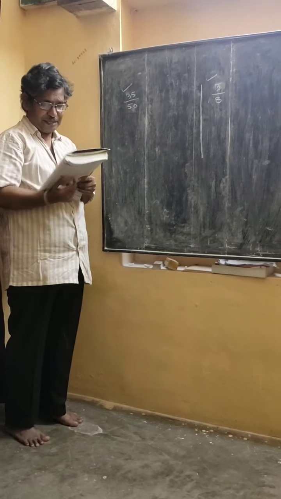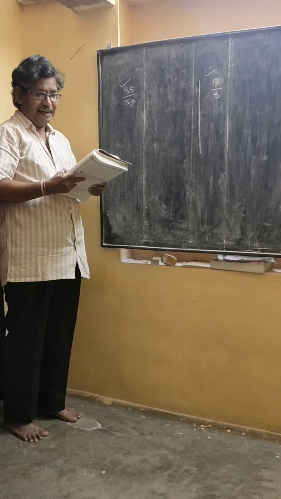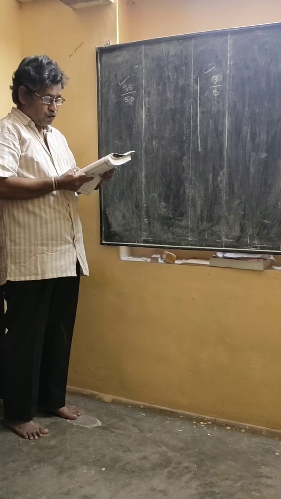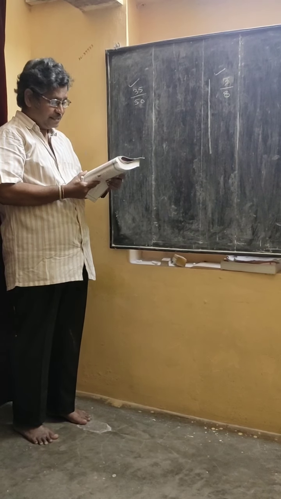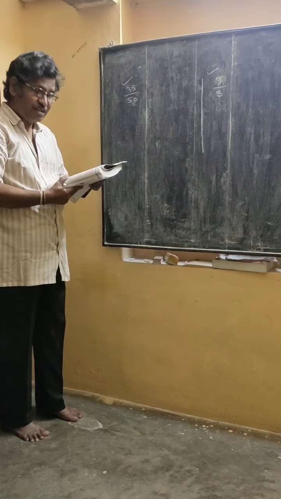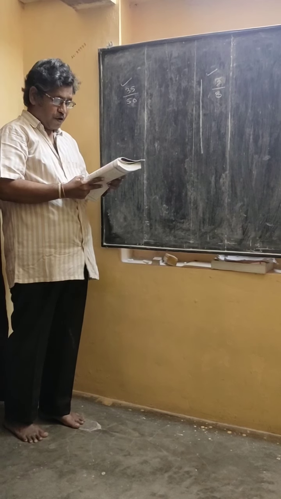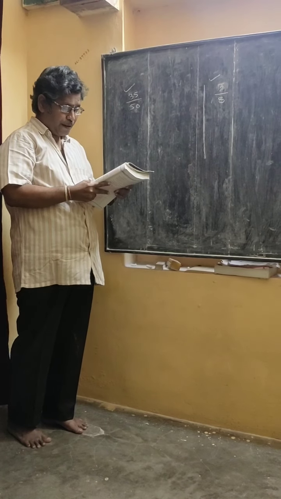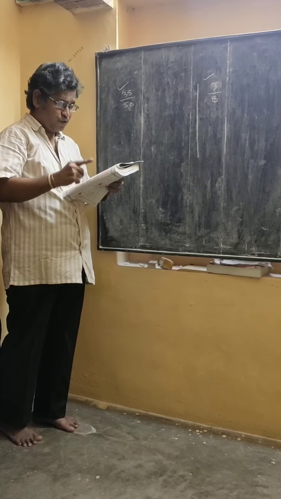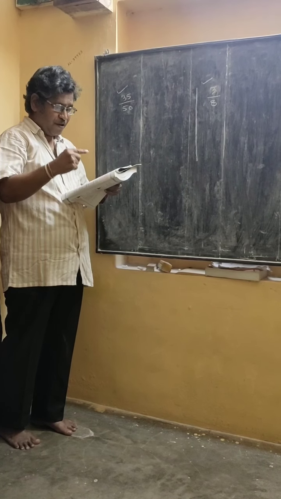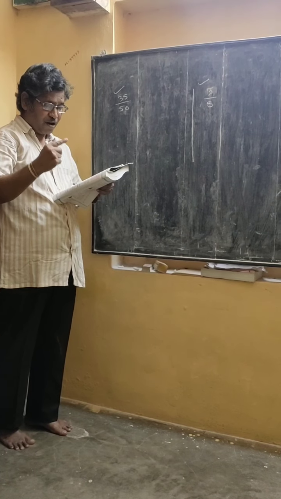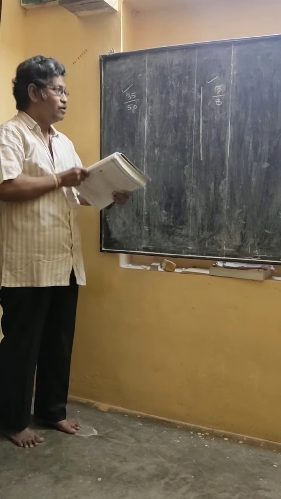Yesterday you saw the statement: x is a rational number whose decimal expansion terminates, x can be expressed in the form of p by q, where p and q are co-primes, and the prime factorization of q is of the form 2 power n, 5 power m, where n, m are non-negative integers.